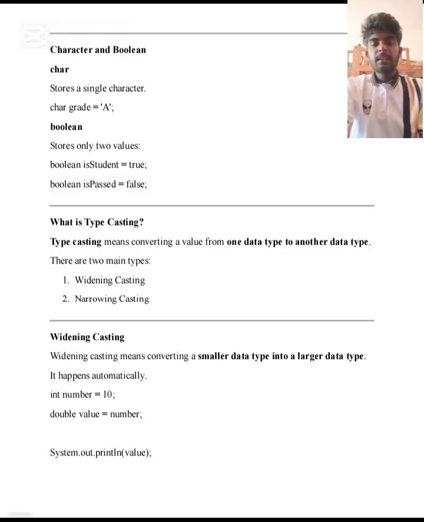The next data type is boolean. A boolean stores only two values. They are true and false. For example, boolean isStudent = true, boolean isPass = false. So boolean is useful when we need to represent something that has two possible conditions such as true or false.